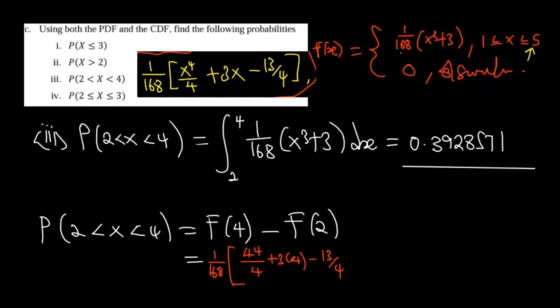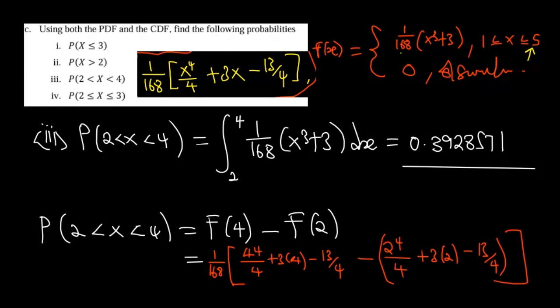And then I'll say minus, and now start putting 2, so that'll be 2 to the power 4 over 4 plus 3 multiplied by 2 minus 13 over 4. We put this in brackets because we are subtracting all of this. So this is what I have here. Let's punch this onto the calculator and see what we are going to find. So I'll start with the first one.